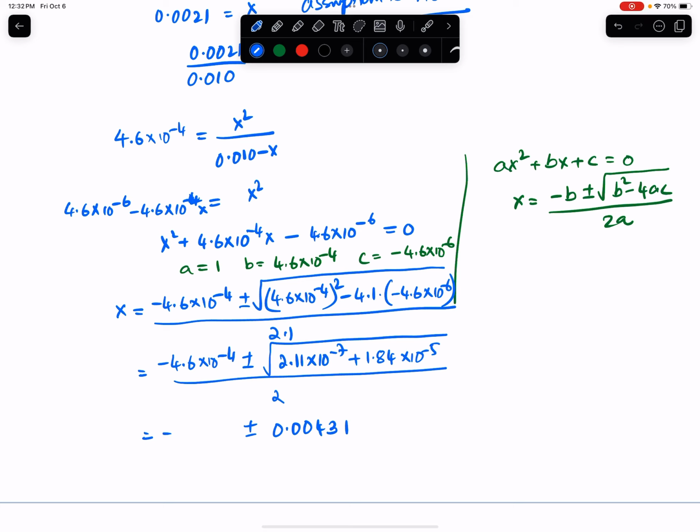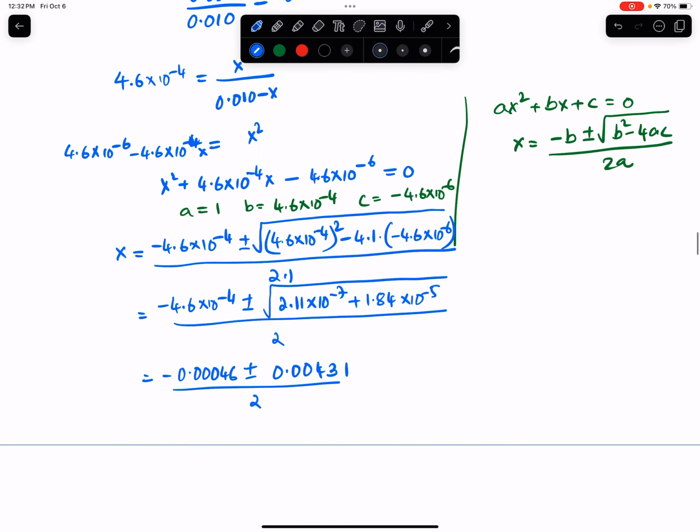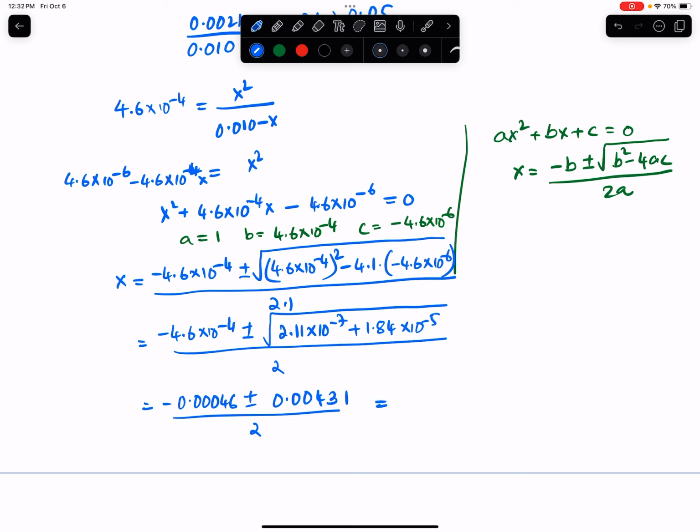On the left, I'm going to change this into standard notation so that we can subtract easily: 0.00046. The whole thing is over 2. Let's simplify it. We have two options. If I take the negative of this number and divide it by 2, I still get a negative.